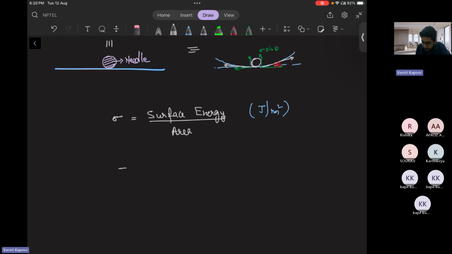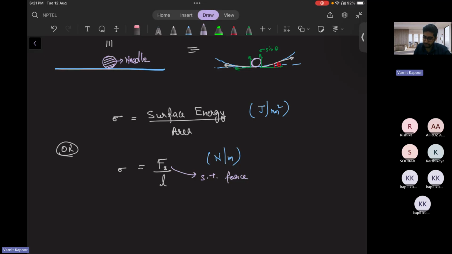Or it is also defined as surface tension force per unit length. Here the force has a unit of Newton and the length a unit of meter, so Newton per meter. So this Fs is nothing but your surface tension force.